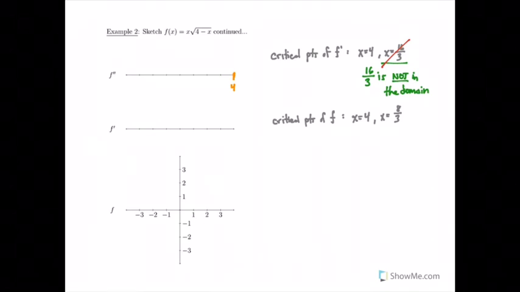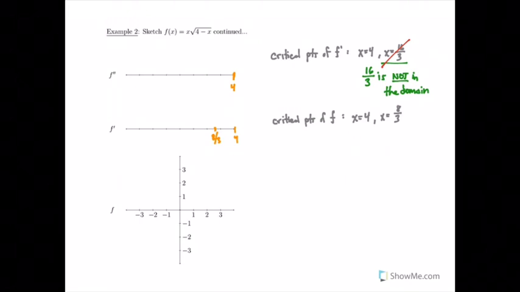So here we have 8/3 and 4. And we have 3 points that we need to test. So let's do that first.